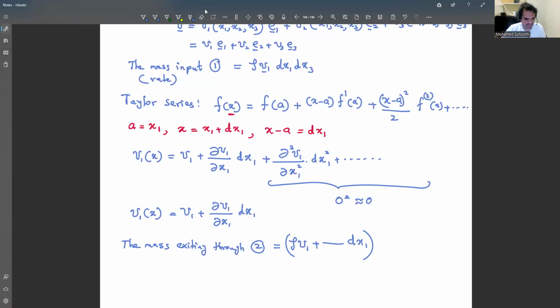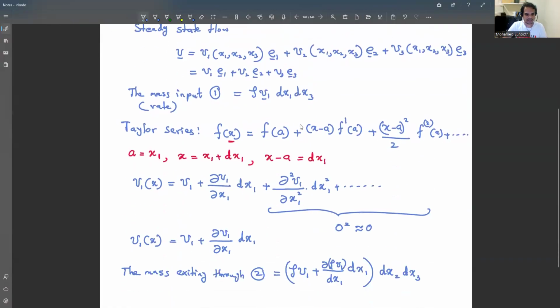I will write it with density, rho v1, into the area dx2 dx3.